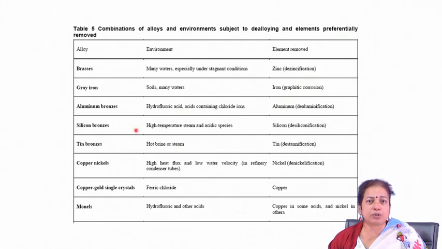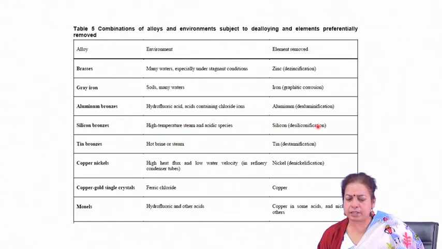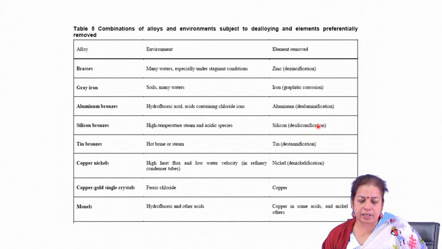Similarly, there are different names in other alloy systems that have undergone selective leaching, like desiliconization in silicon bronze, where silicon leaches away. Then tin bronze is called detannification, because tin goes away.